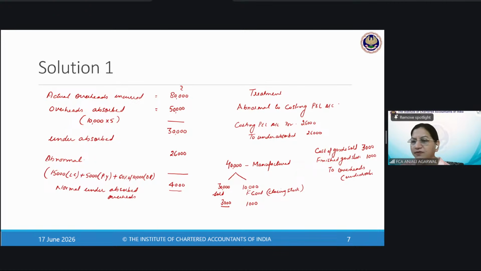So whatever name you have given to the account, give that name only here, 4,000. So this is how you're going to treat the under absorbed overheads account, right?